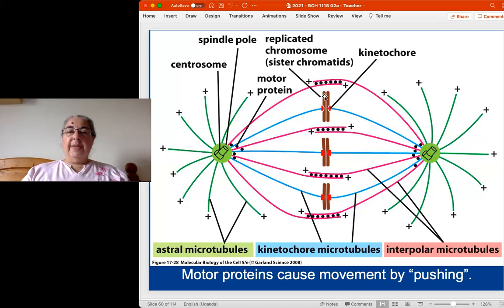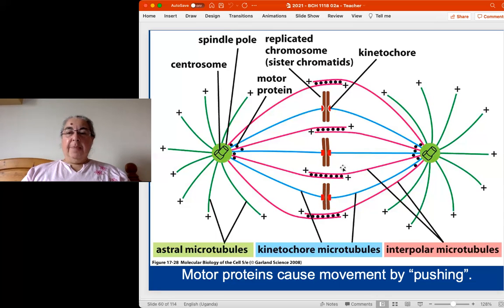So here is our metaphase plate of chromosomes. Here are the kinetochore microtubules attached, being shown in blue here. And in red, there are interpolar microtubules, and these are illustrated with these black dots, which represent a motor protein. So this is a protein which can produce movement.